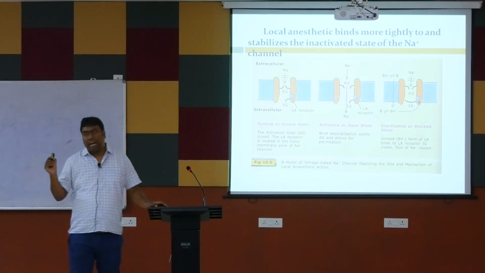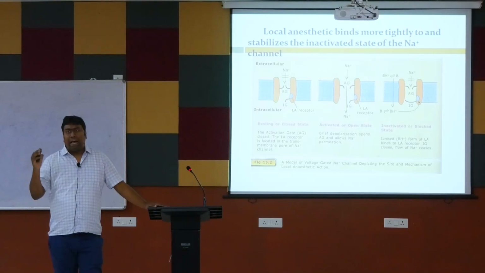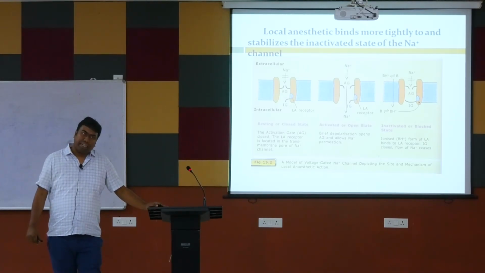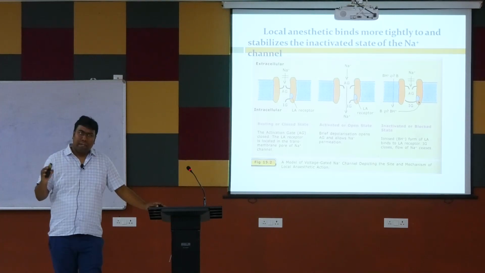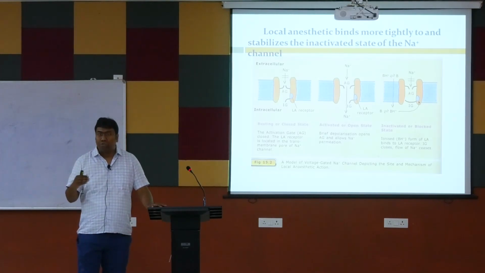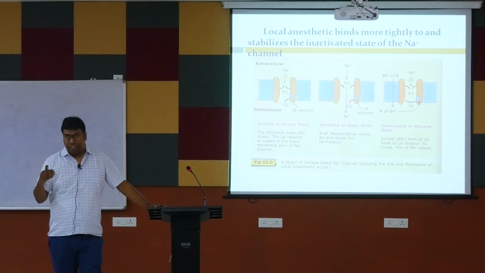They bind with the inactivation inner gate and prevent sodium influx even when there is an opening in the activation gate. Clear? If there is no sodium inside the cytoplasm, there will be reduced action potential.